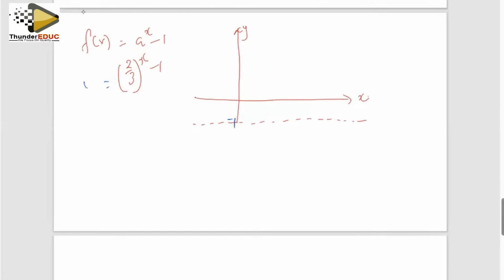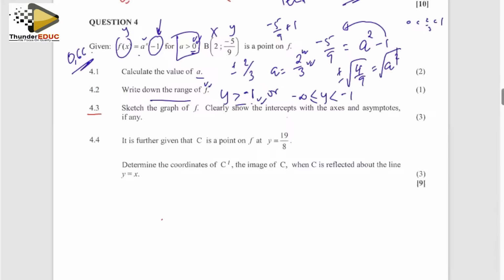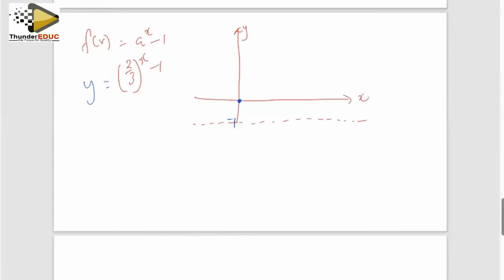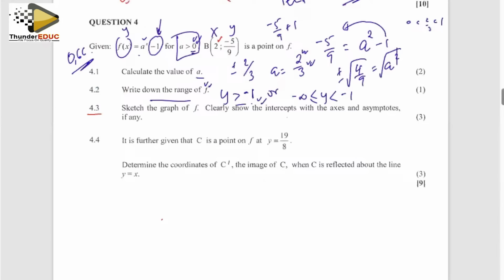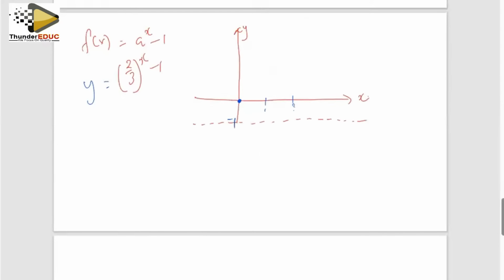Then if x is 0, this whole thing will disappear to be 0. We have that. Then if x is 2, y is negative 5 over 9, which is a negative value. 5 over 9 is going to give me 0.55555, which is more or less somewhere there. It's okay. So our graph should be in this sort of format.